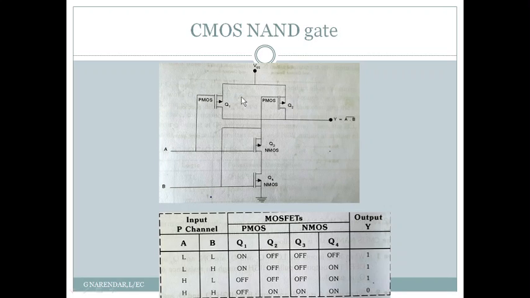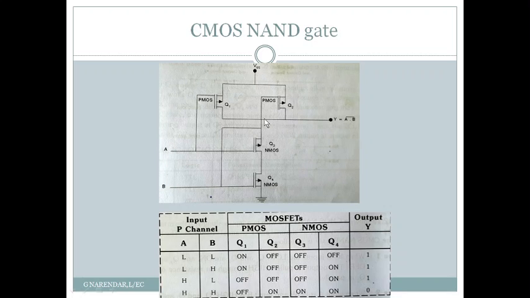And you can see that the sources of the P MOSFET Q1 and Q2 are connected to VSS. Similarly, the drains of Q1 and Q2 are connected together, and that point is taken as output.